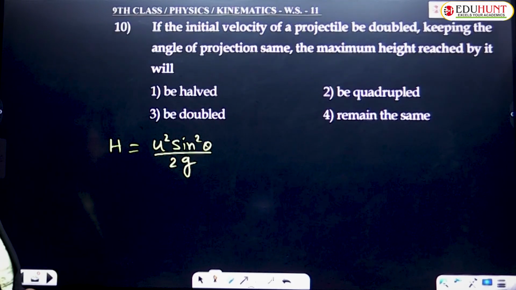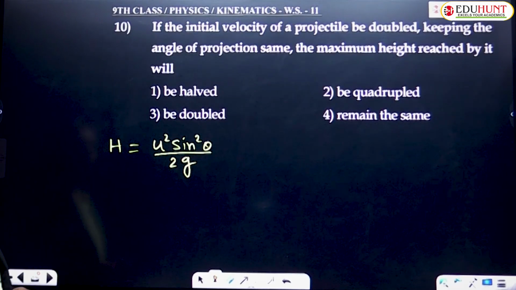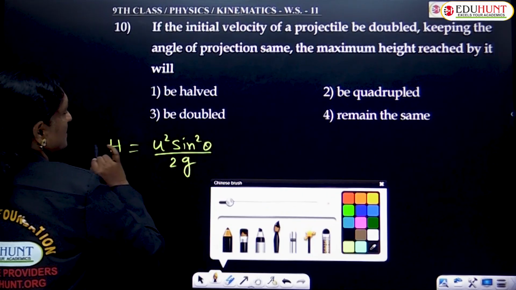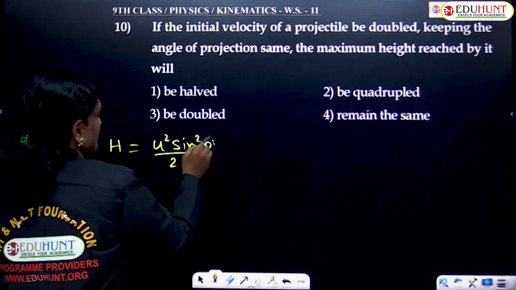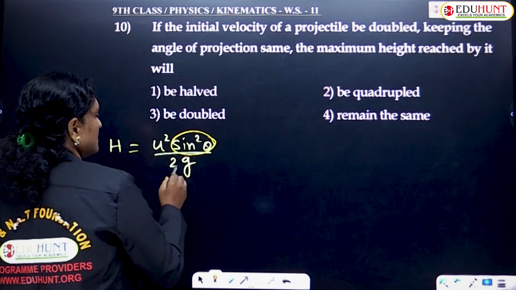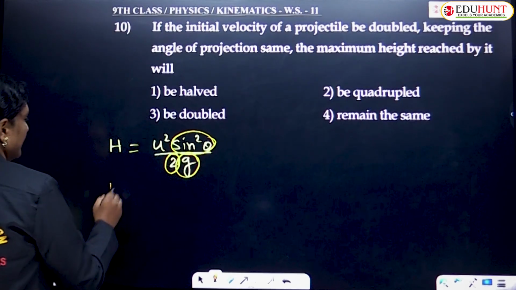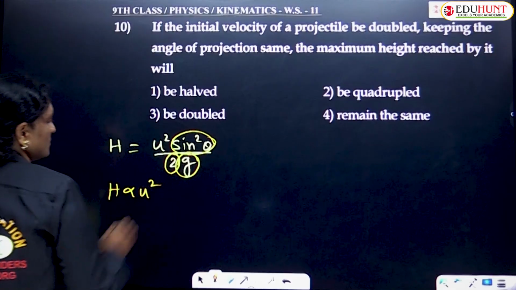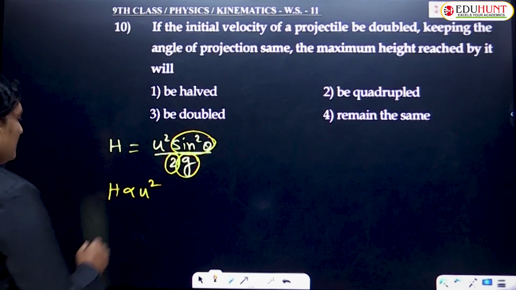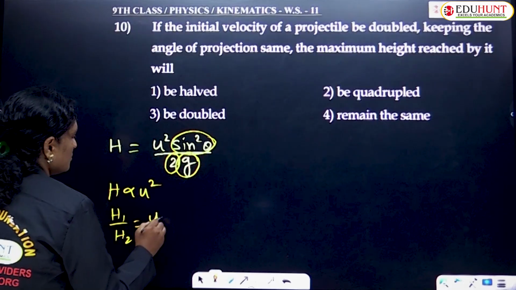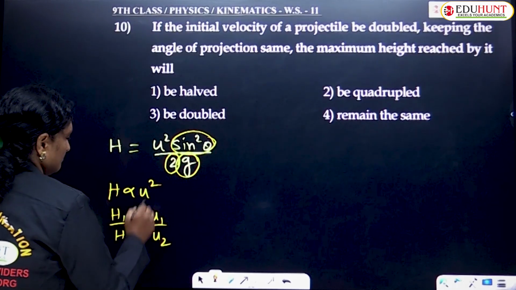So here very clearly the velocity is changing. Angle of projection same means sine theta is constant. 2 is always constant, g is always constant. So clearly h is proportional to u square. Velocity is doubled, so h1 by h2 is equal to u1 square by u2 square.